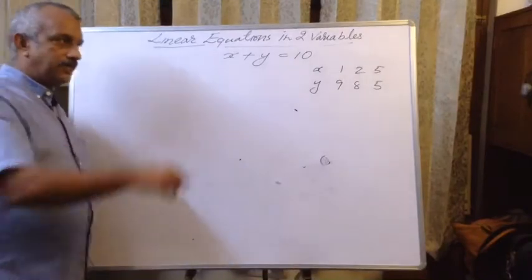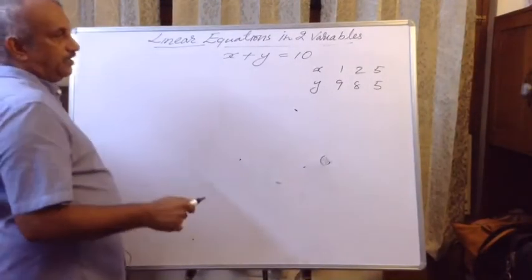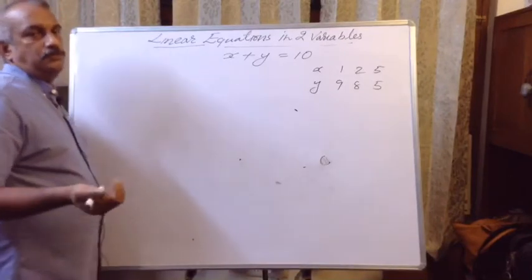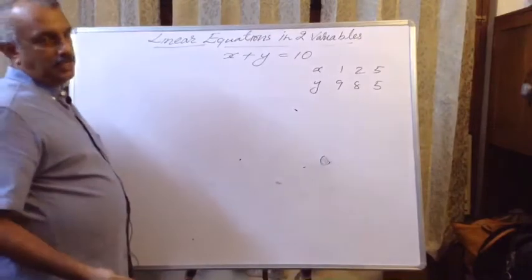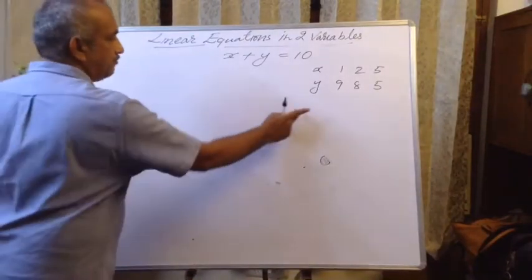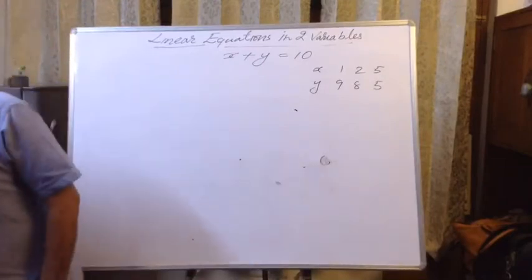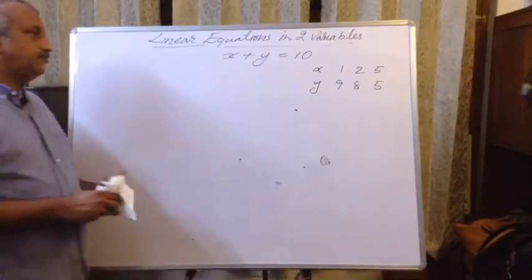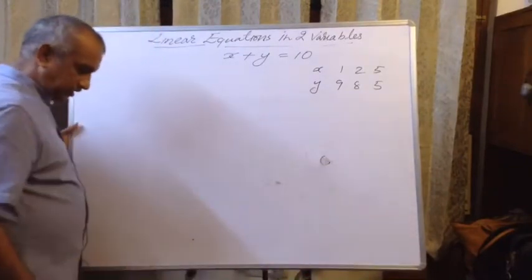So to make sure that your graph is correct, it is better you find out 3 solutions. Now 2 solutions, if they are correct, you will get the correct graph only, because through 2 given points only one line can pass. So your answer will be correct even if you find 2 points and draw the graph, if your calculation is correct.